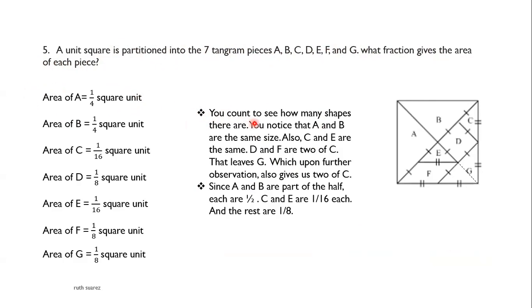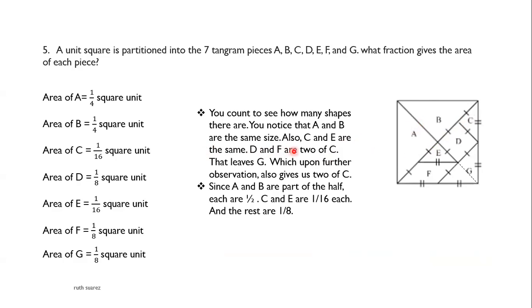It says you count to see how many shapes there are. So there's 1, 2, 3, 4, 5, 6, 7. You notice that A and B, these two, are the same size. Also, what other shapes are the same size? C and D, as you can see right there.